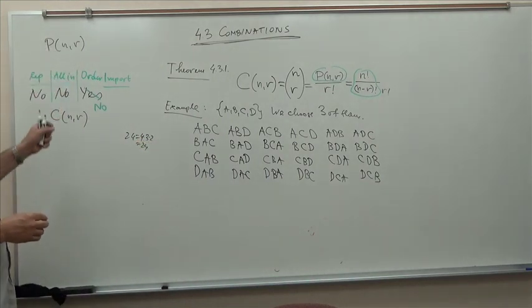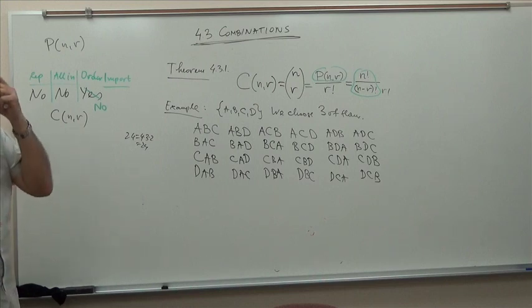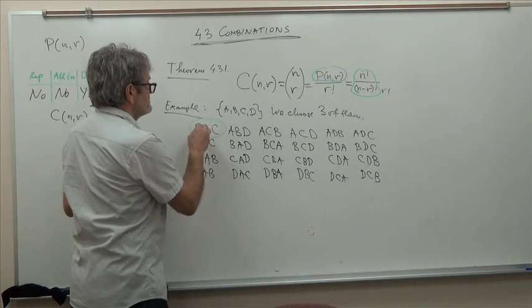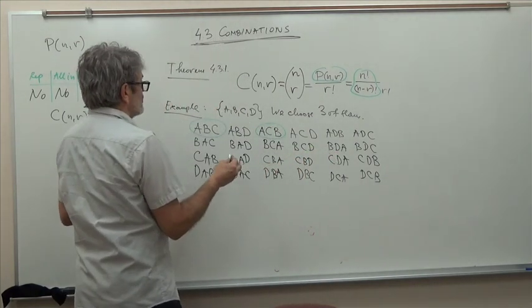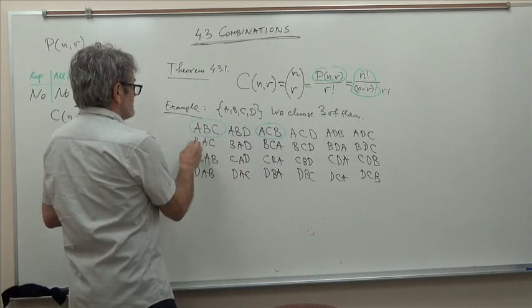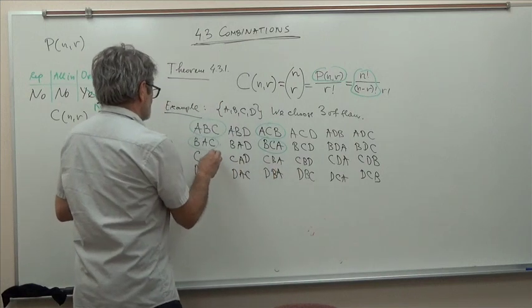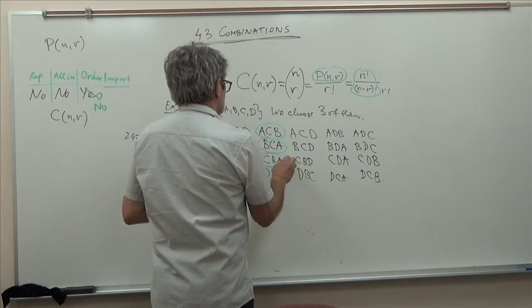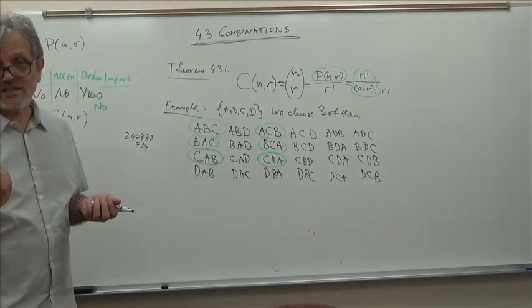But now what? That's as permutations in P(n,r). In C(n,r), we only think about the content. So this guy, A, C, B, and whoever doesn't have D actually, so B, A, C, B, C, A, C, A, B, and C, B, A, all these guys have the same material, same content.